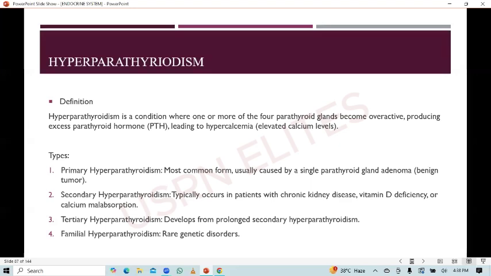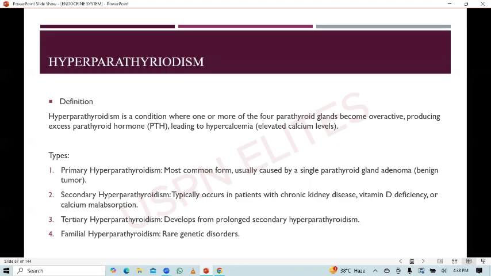And secondary typically occurs in patients with chronic kidney disease, vitamin D deficiency, or calcium malabsorption. Let me try and expand it a bit.